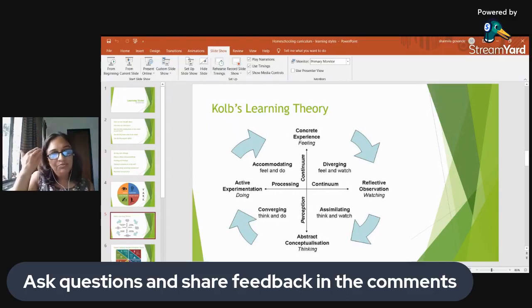That could be seeing things happen in your mind or through active experimentation. And then, as you go ahead in that particular concept, you also accommodate, and once again, your feelings and your doing are important, and you accommodate this learning with a lot of other learnings that you already have or you're going to learn. So this becomes an experience, and with a new experience and a new concept that you are learning, you associate, accommodate, assimilate, all these things happen.